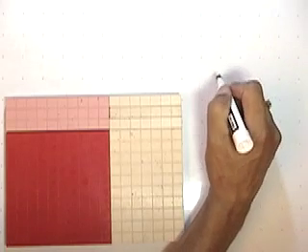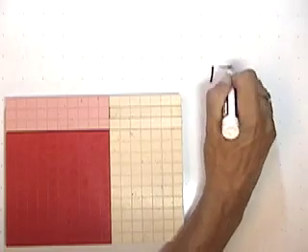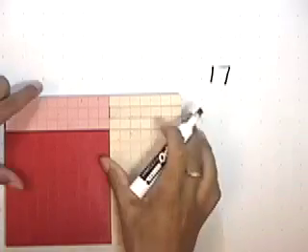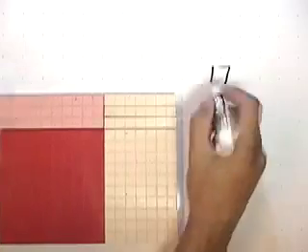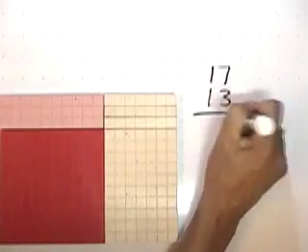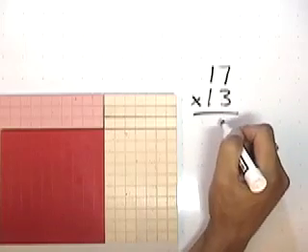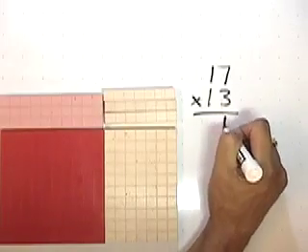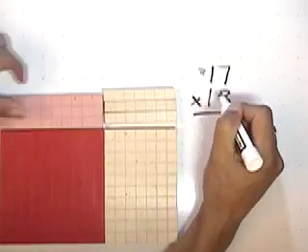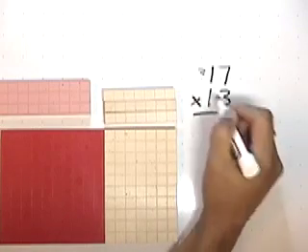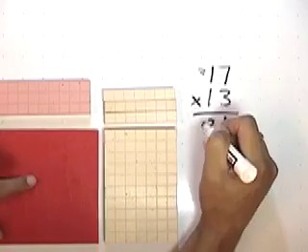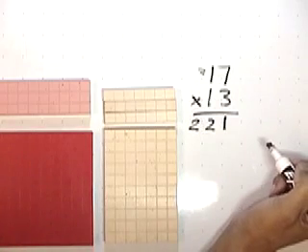Alright, so what do we have here? We have 17 13 times. Okay, so these guys, and these guys. Done.